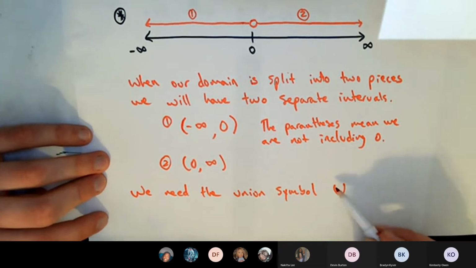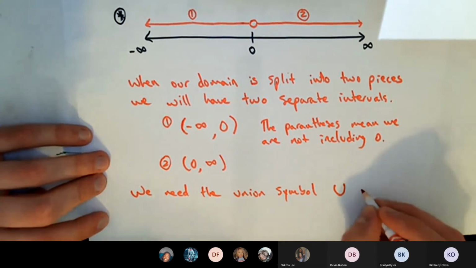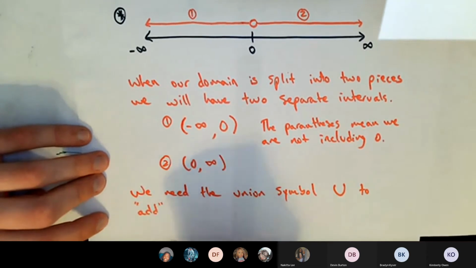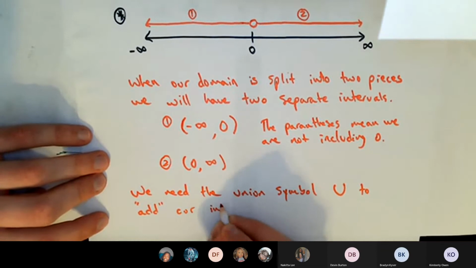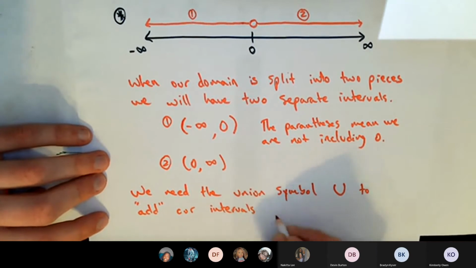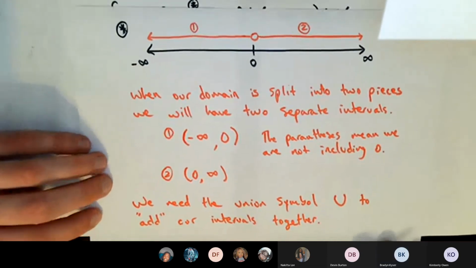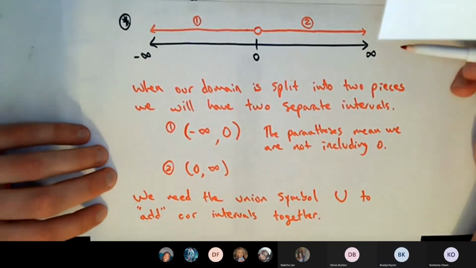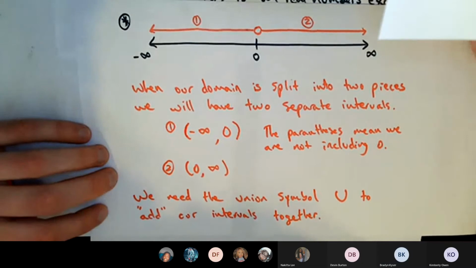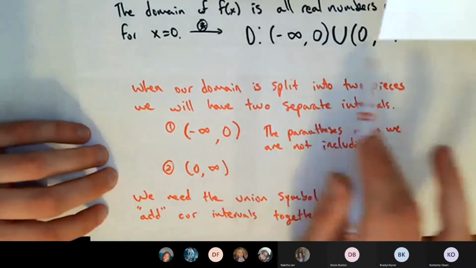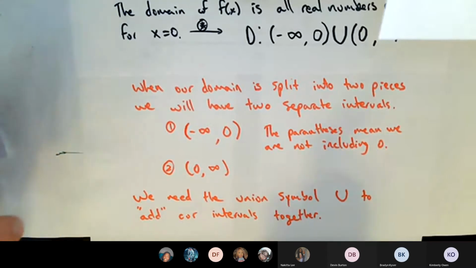So don't put a tail on it because it's not a capital U. The union symbol is used to stick our intervals together, to add our intervals together. That's how we end up with this. Okay.